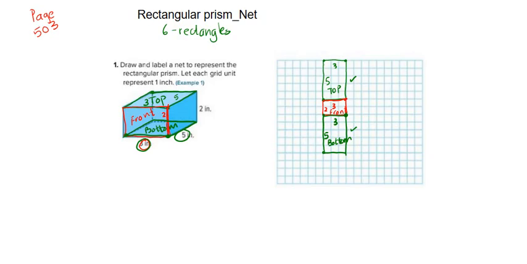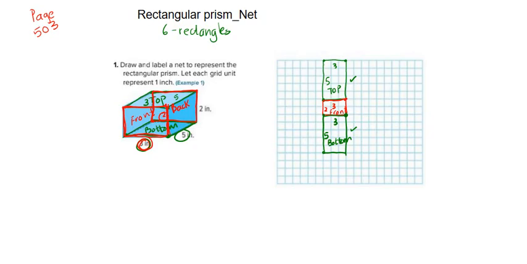Right, then continuing from the bottom of the bottom rectangle, from this part here, you can see is this back rectangle, right at the back. Now the back rectangle is exactly the same as the front rectangle because they are opposite each other, and we know the front rectangle was 3 by 2. So remember, 3 by 2.